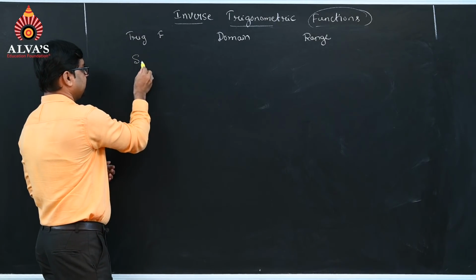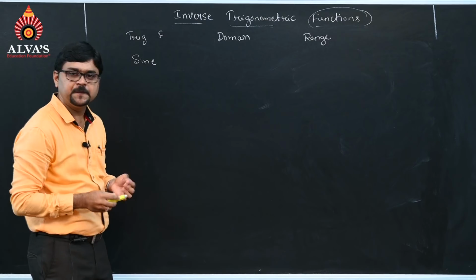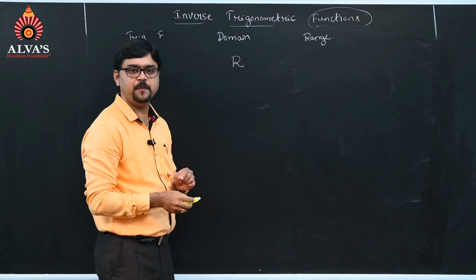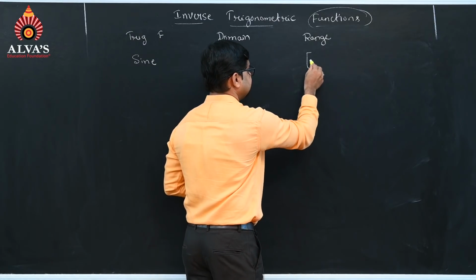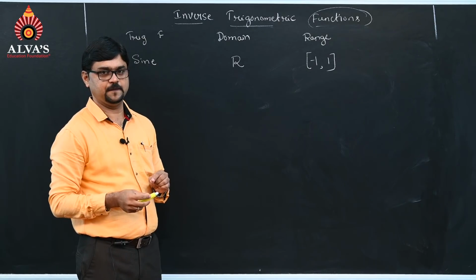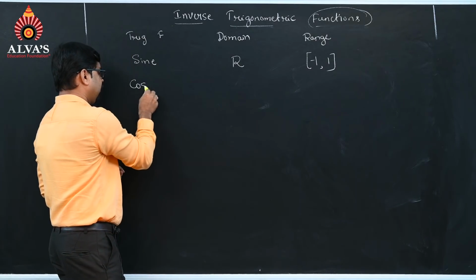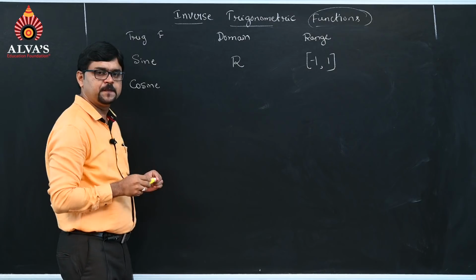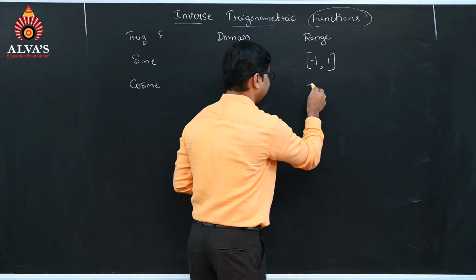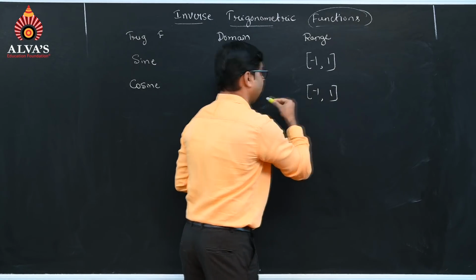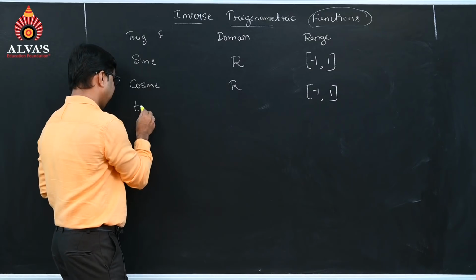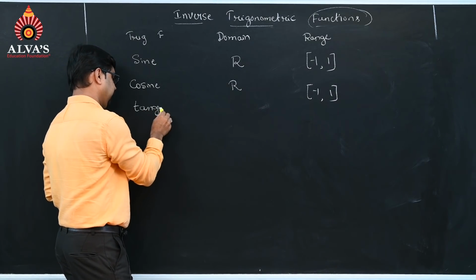So first one we studied is the sine function. All of you know that its domain is the real numbers and the range is the closed interval -1 to +1. Second one, cosine function. Its domain is again the set of all real numbers and the range is the closed interval -1 to +1. And third one, tangent function.